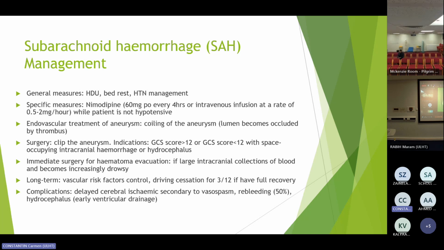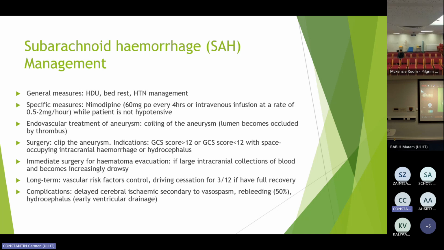The endovascular treatment of aneurysms generally is coiling, which is done by the neurosurgical team. Generally, indications for coiling or for the clip of the aneurysm within surgery is if we have a high GCS higher than 12, or if we have a Glasgow Coma score less than 12 with a space occupying lesion.